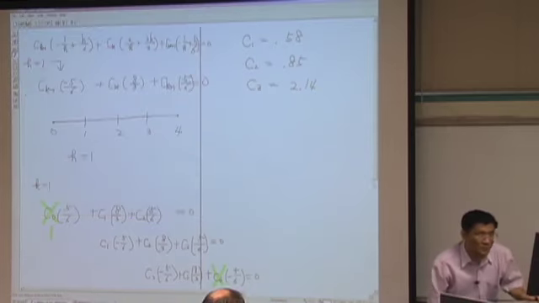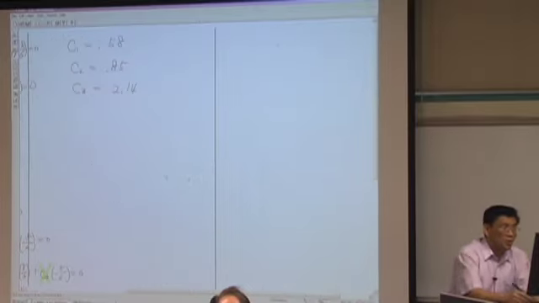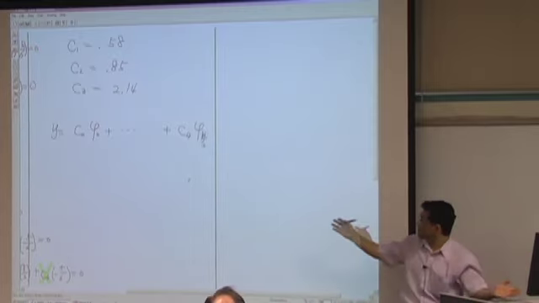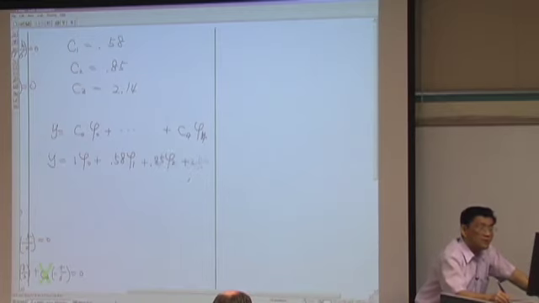So we will have the result like this. We said y equals C0 P0, C1 up to C4 P4, right? So this is what we initially guessed, and then we found all C's, right? So y equals C0, that is 1 times P0, and then 0.58 P1, and then 0.85 P2, and then C3, 2.14 P3, and then C4.